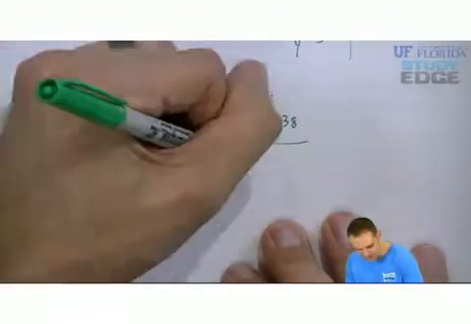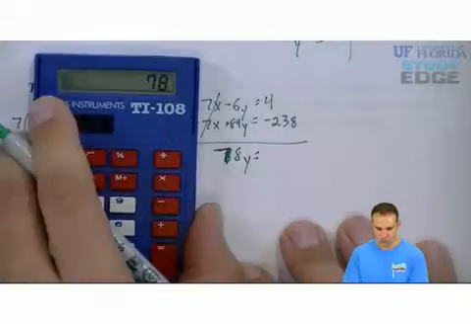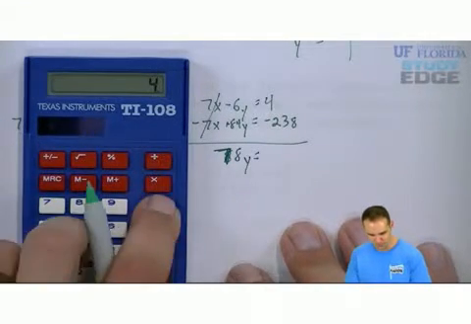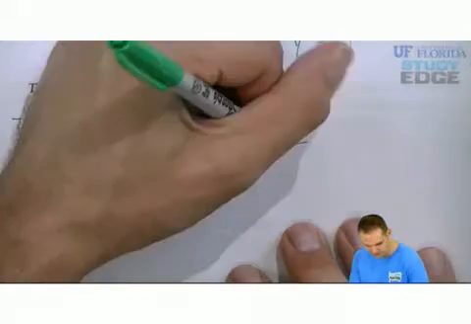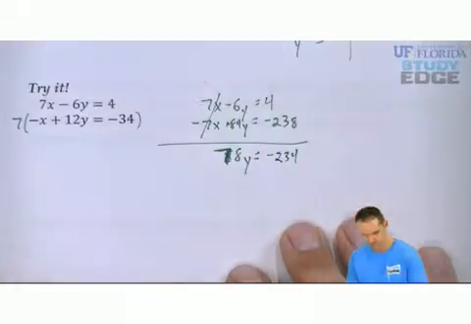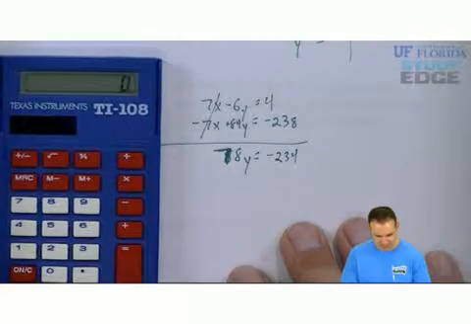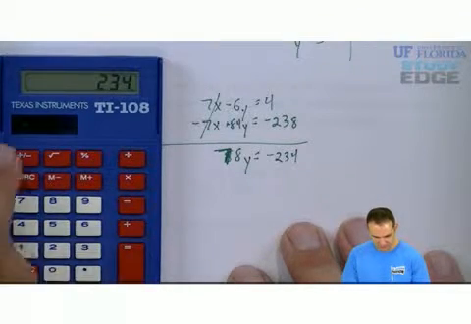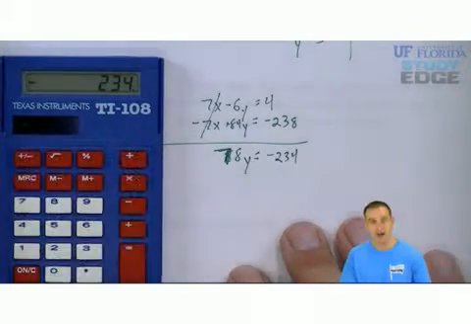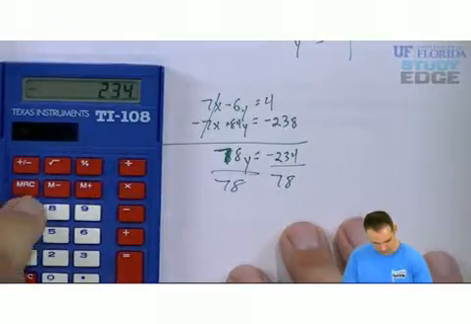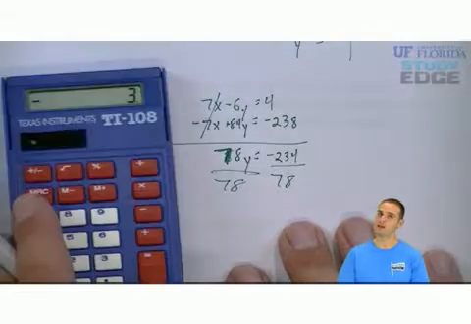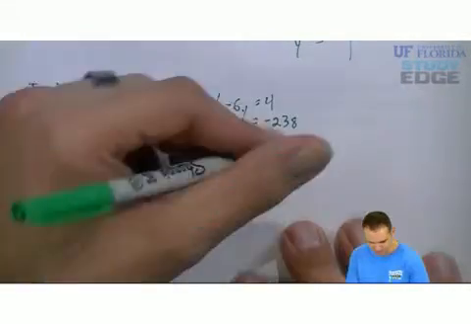We'll use that. 78y equals 4 minus 238. 4 minus 238 is negative 234. So in this case, take negative 234, divide it by 78. That worked out nicely, right? Negative 3.